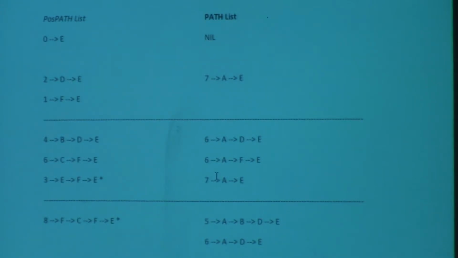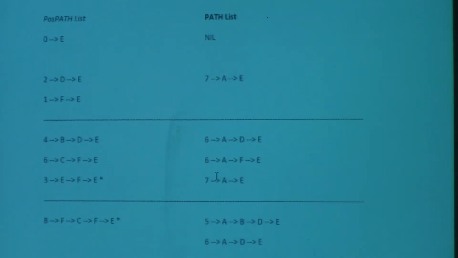But also, A can go to F with a cost of 5. Notice that these two become paths, and their cost is a little bit lower than the cost before. So now we have 3 possible paths. Well, actually 2 possible paths.